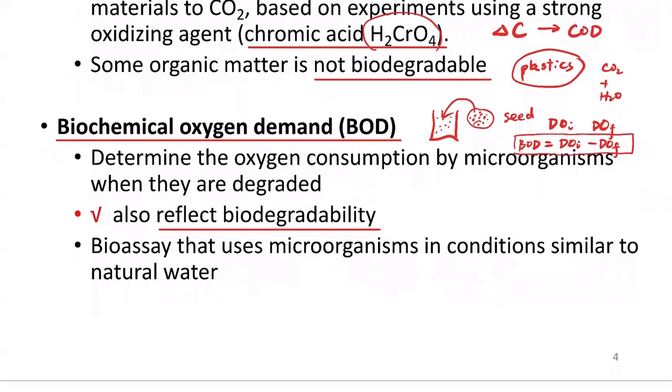And also the bioassays or the seed we use are quite similar to natural water, right? So in this way, the BOD is a more appropriate way to describe the level of pollutants, the amount of organic pollutants in the water, right?